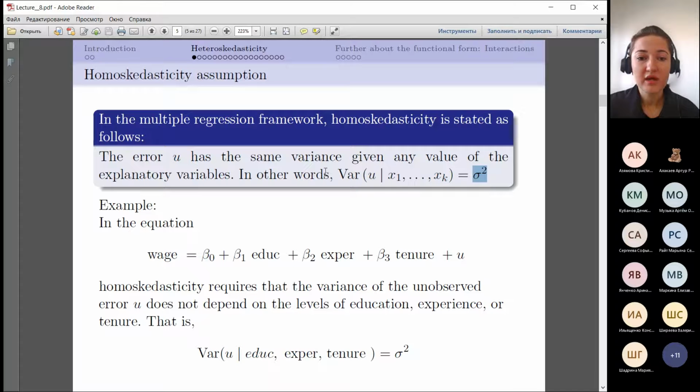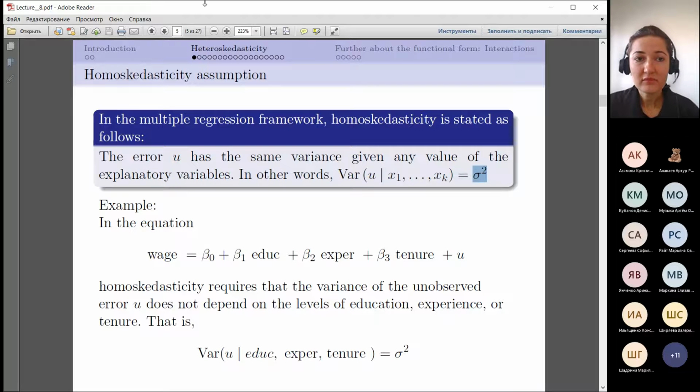So if you rewrite this general formula for this example, you can write it as follows: the variance of your error term conditional on education, experience, tenure equals some positive constant value.